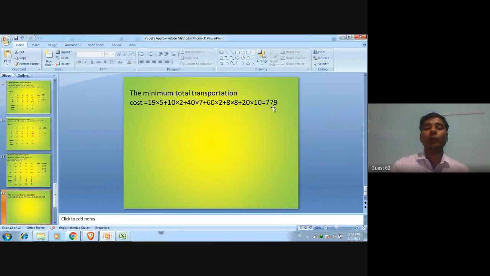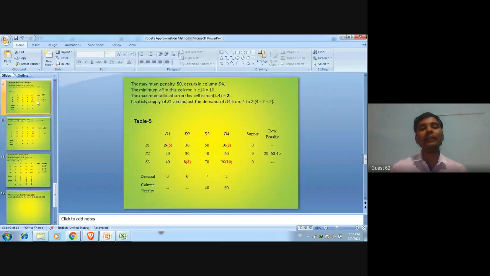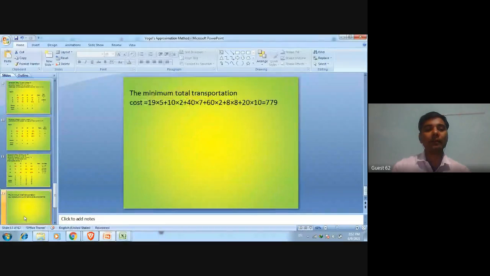When you solve this problem by the NWCM method and LCM method, you will see that the transportation cost will be more than 779. That's why we can say that the VAM method is more appropriate.